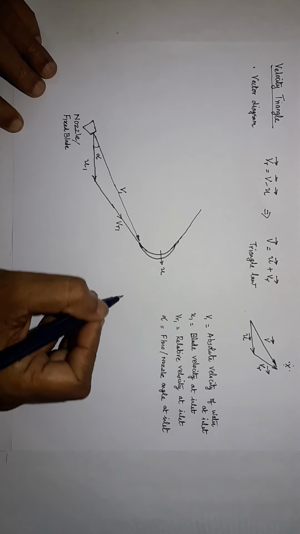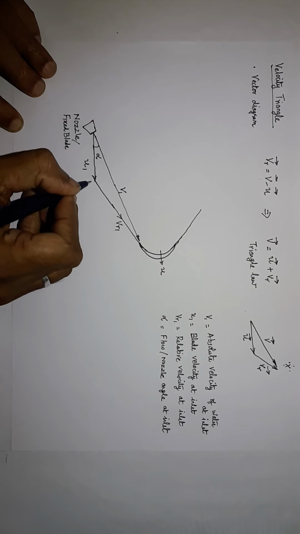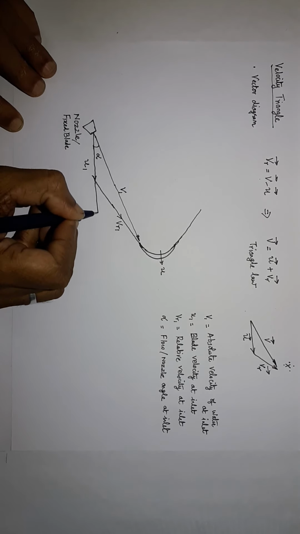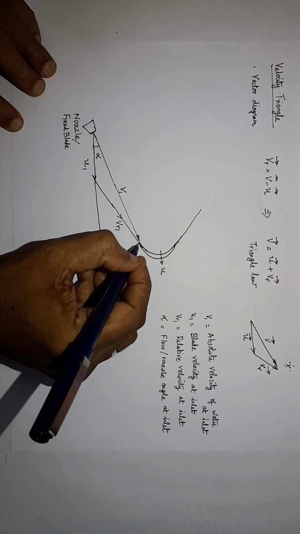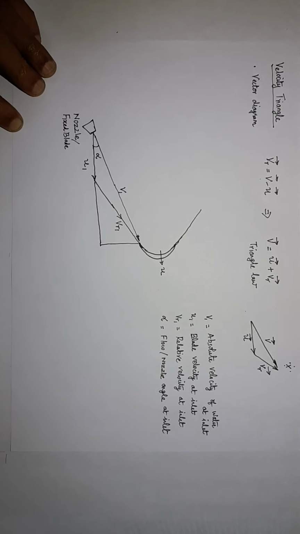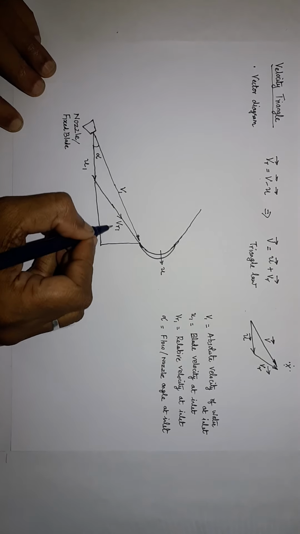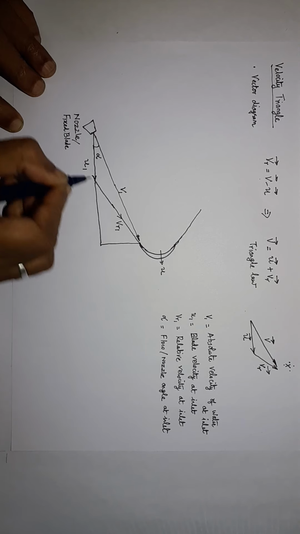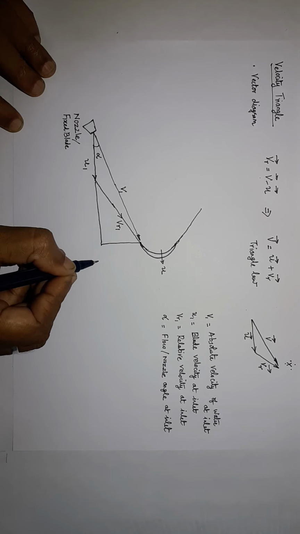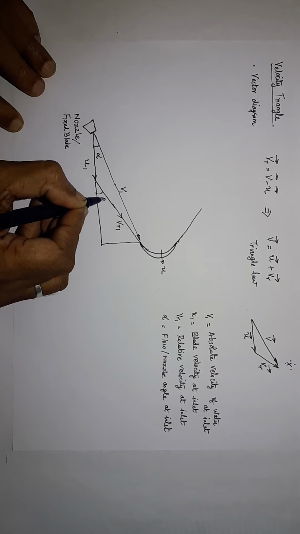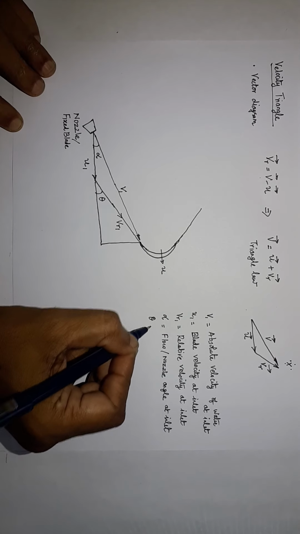Similarly, you have another angle formed. Let me complete this triangle. I will extend this, something like this. Similarly, the relative velocity is also making some angle with respect to the blade direction or horizontal. That angle is theta. What is theta?